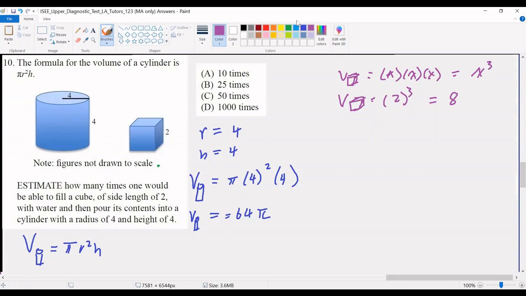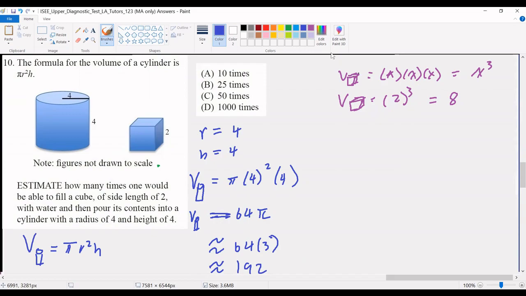So how can we finish this problem? Notice that they just want us to estimate the solution here. So if we estimate 64 pi, well, that's kind of like just saying 64 times 3. And that's really close enough. So 64 times 3 is approximately 192.